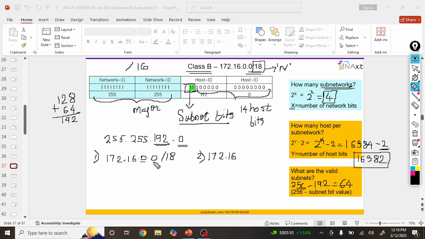Since we are discussing Class B, we have borrowed the bits from the third octet. The increment of 64 will take place in the third octet. The fourth octet will remain as it is, and it's purely a host octet, so we are not going to touch it while writing the subnets. Okay, so 172.16.0.0 is your first subnet.